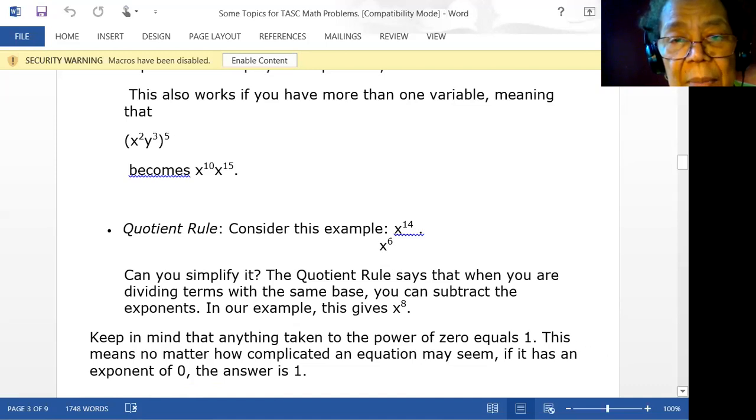Now, the thing to remember, whenever you raise anything to the power of 0, whether it's a variable or number, the value is 1. So if it has an exponent of 0, the answer is 1. That means x to the 0 is 1, 5 to the 0 is 1.